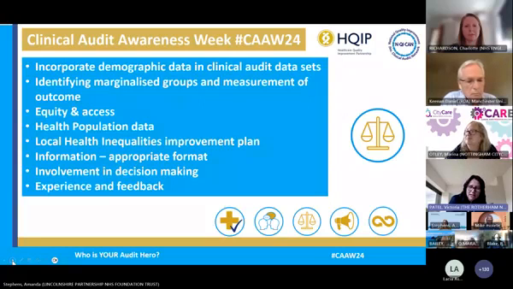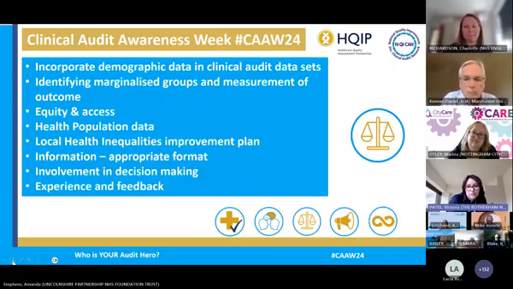So it's trying to take that back now and think, how can we build that in every time we get a clinical audit project submitted, in terms of looking at their methodology and making sure that they are including data that will help them address health inequalities, particularly focusing on equity and access as well.